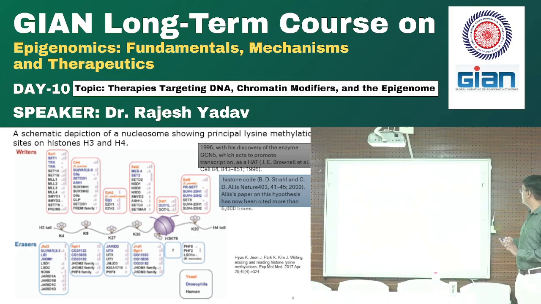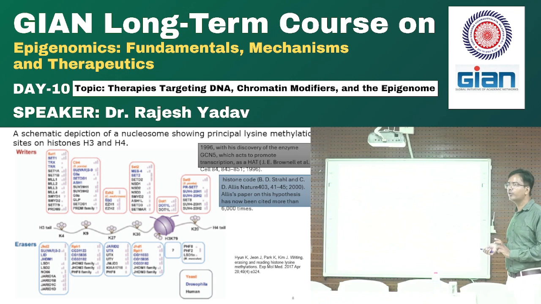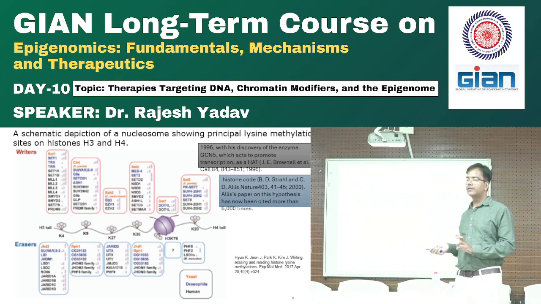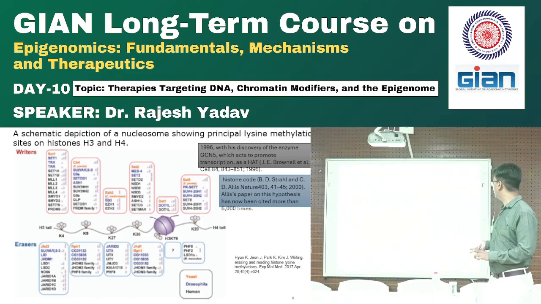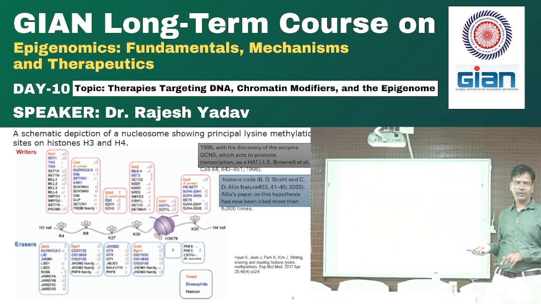Now, he is the one who is the father figure in the area. C.D. Allis, B.D. Strahl, these are all the big people who have worked in epigenetics, and these things were initially discovered in yeast. Whatever you are extrapolating today in the cell line, remember those had been done either in yeast and Drosophila to figure out what is and what is not there.